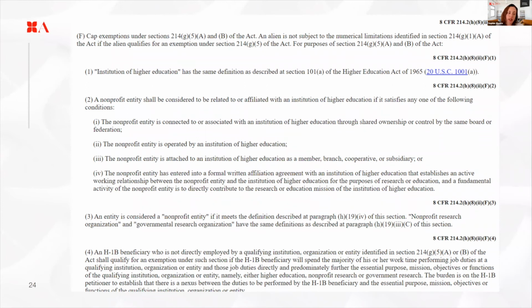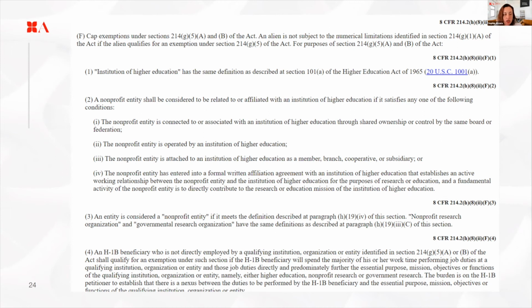This concept of a nonprofit affiliated with a university, I think the original intent was that there are auxiliary hospital nonprofits associated with universities. So there's like Stanford University and Stanford Hospital, and they're two separate entities, but Stanford Hospital still needs doctors and nurses, and they do research. So the government wanted them to be able to get an unlimited number of H-1Bs as well.